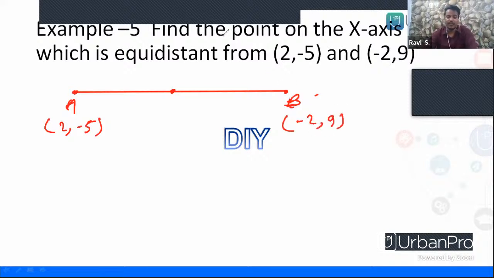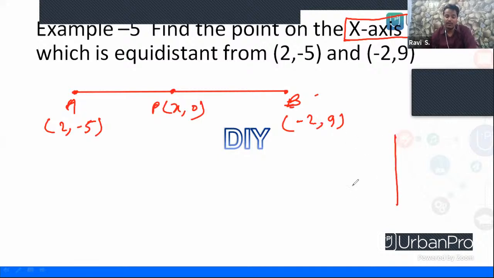What is the question here? We need to find out the point on the x-axis which is equidistant from these 2 points, right? So I will assume that this is the point P which is equidistant from these 2 points, A and B. On which axis are they asking you to find it? X-axis. So for the x-axis, remember, guys, you write x and the y will become 0.